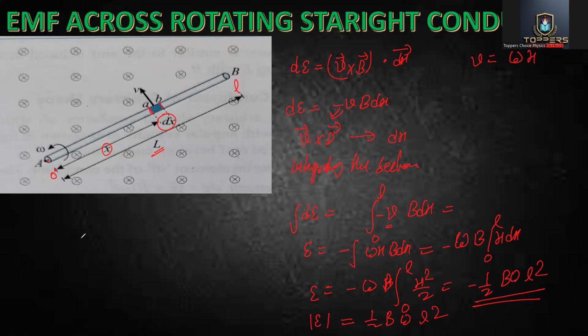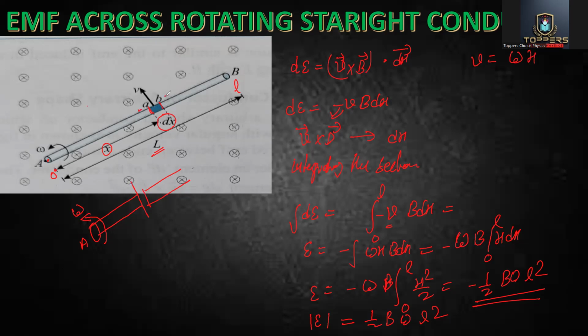If you are taking the conductor in this way, this is the A point, and it is rotating with omega. So what will be there? There will be two terminals developed across the AB.